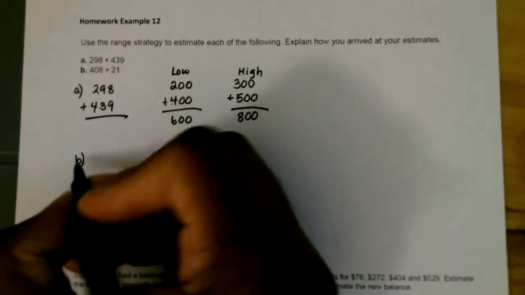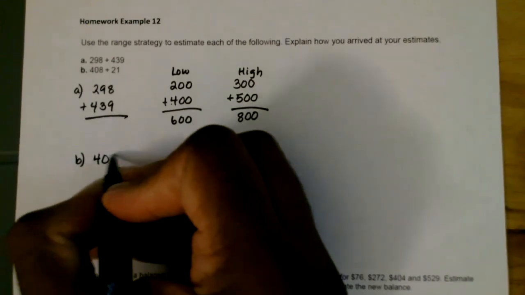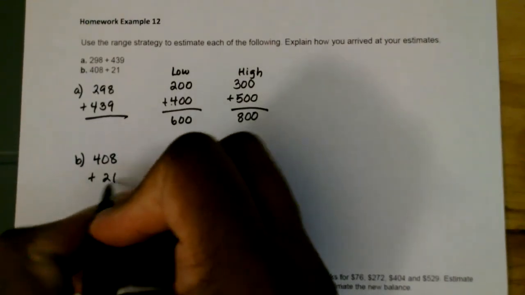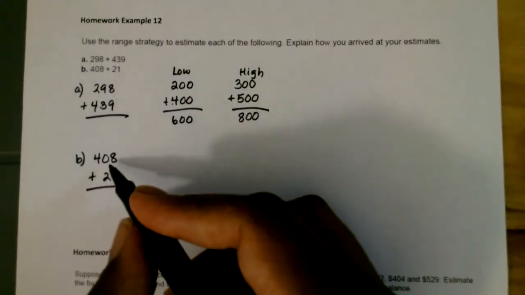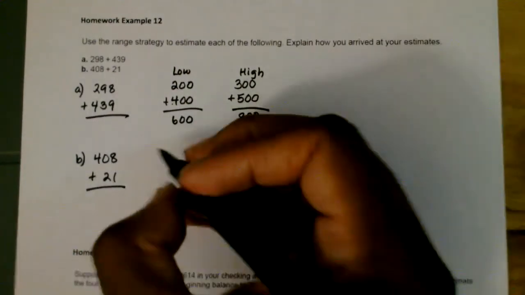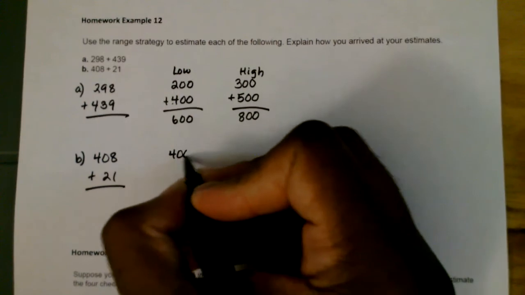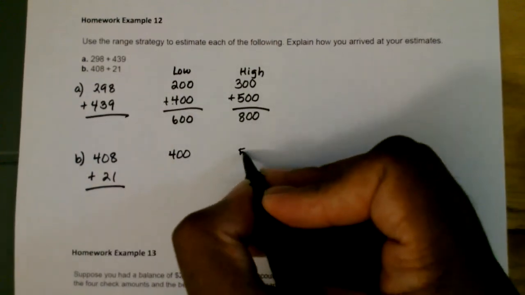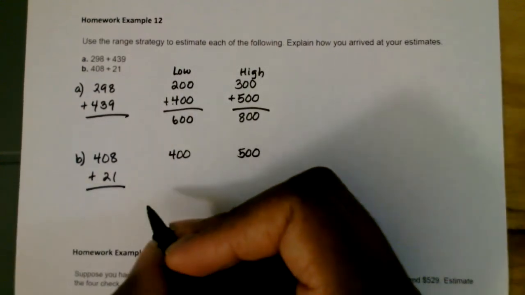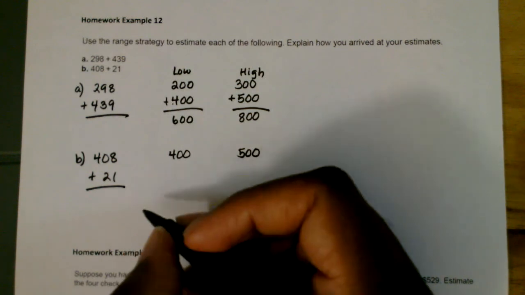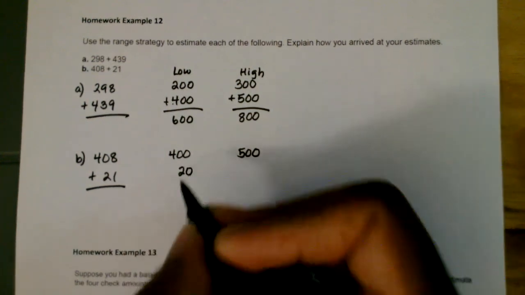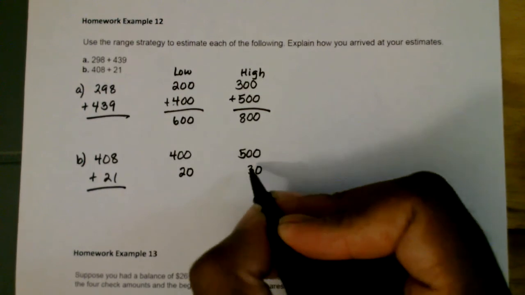I'll do the same thing for 408 added to 21. Well, for 408, the low end would have to be 400, and of course, the high end, I'll add 100 to that, would be 500. And then for 21, the low end would be 20 and the high end would have to be 30.